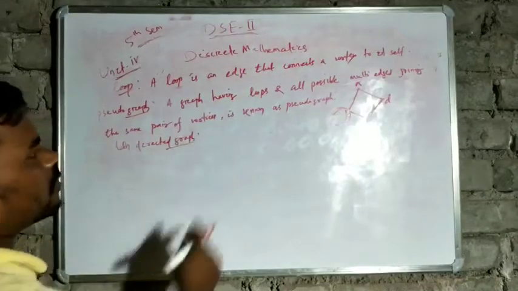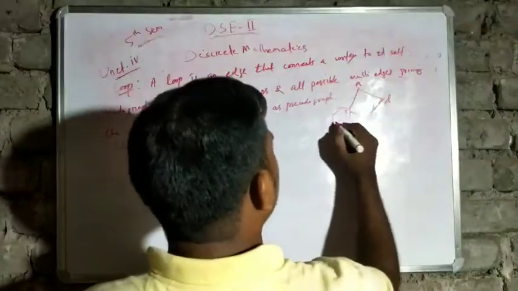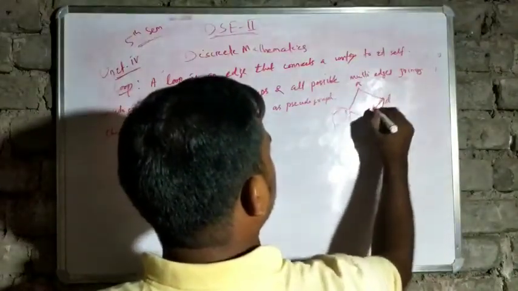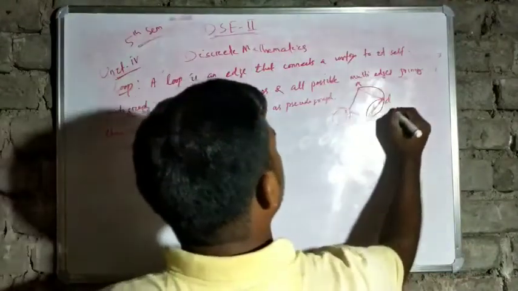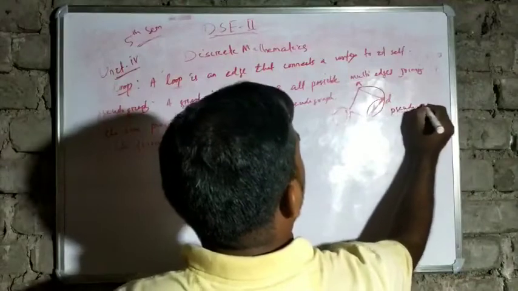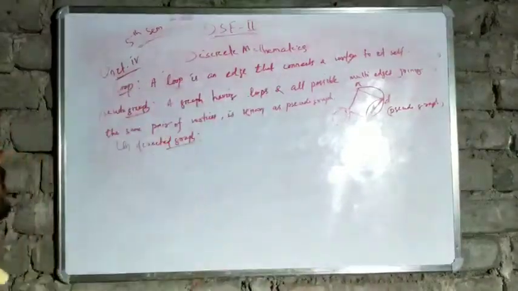So what do I mean by undirected graph? This is a pseudograph. Okay, a loop is here. Suppose we will give some multi-edges. Then this is a pseudograph. Now what is an undirected graph?